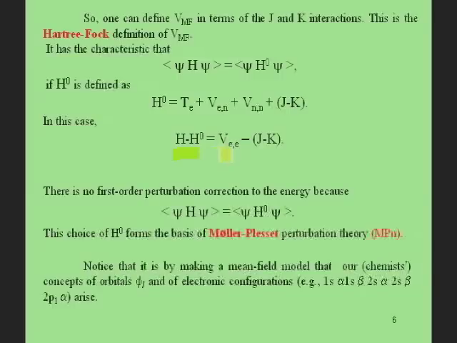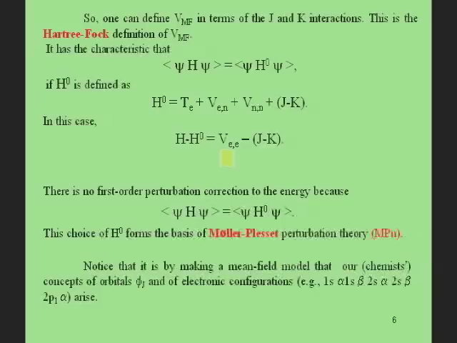Then in perturbation theory, one of the things we do is say the energy is equal to the 0th order energy, which would be psi 0 times H0 times psi 0, and then we calculate the first order correction to that energy by taking psi 0, the perturbation, psi 0.